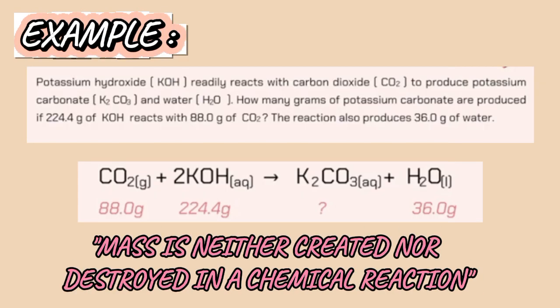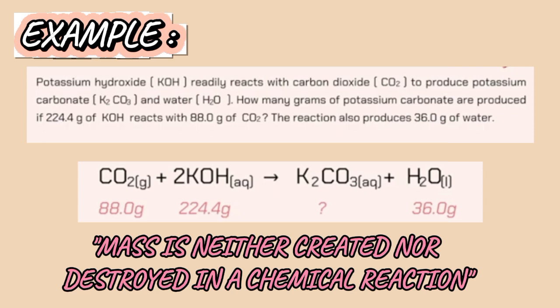So let us use this example to further understand how the law of conservation of mass applies to the mass of our reactants and products. Potassium hydroxide readily reacts with carbon dioxide, CO2, to produce potassium carbonate, K2CO3, and water, H2O.